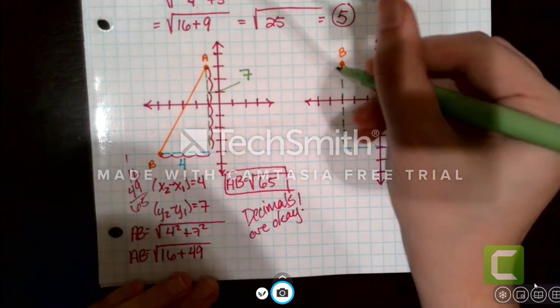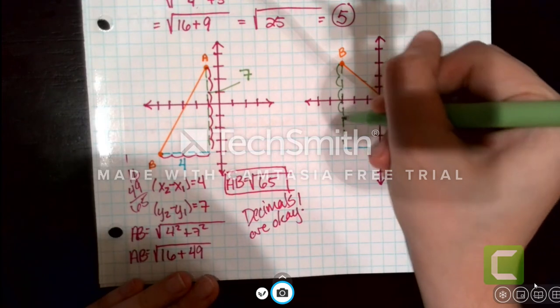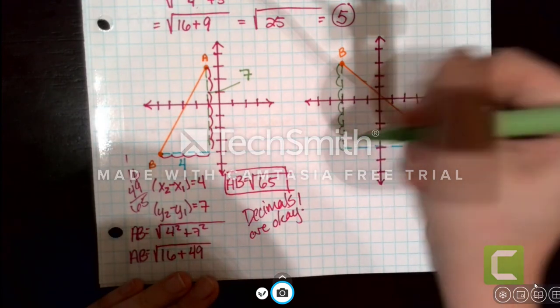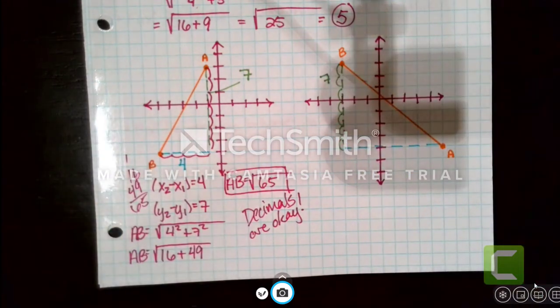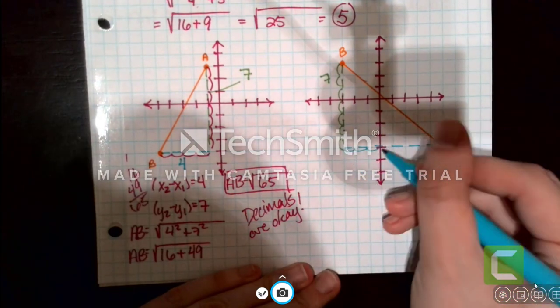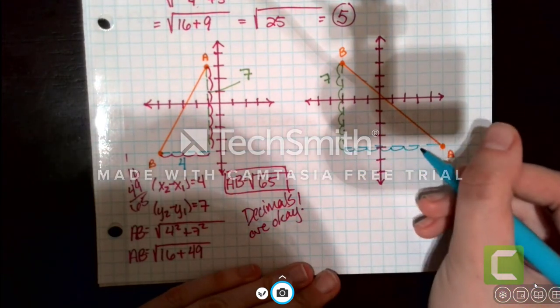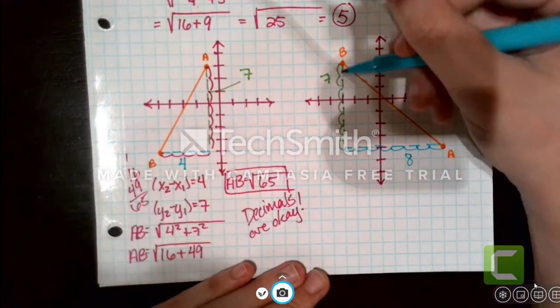So for your vertical height, you have 1, 2, 3, 4, 5, 6, 7. So you have another height of 7. Your base has a measurement of 1, 2, 3, 4, 5, 6, 7, 8. So not another whole number again.